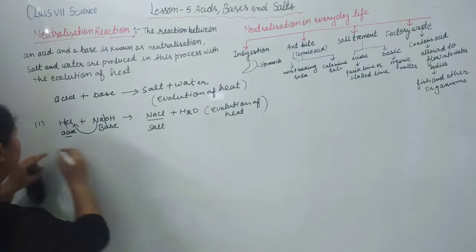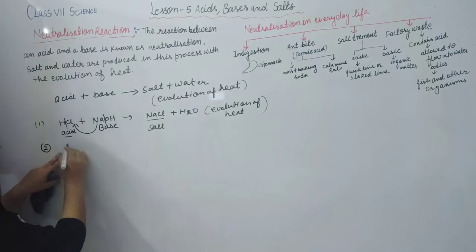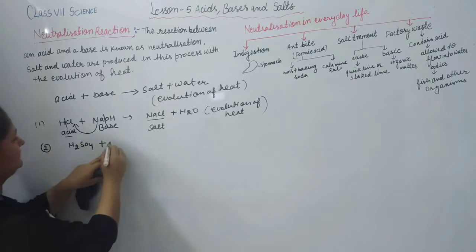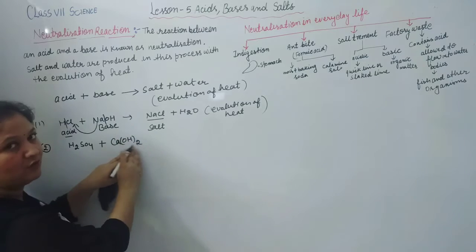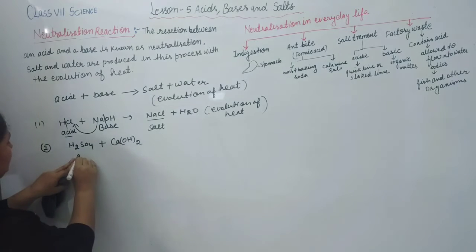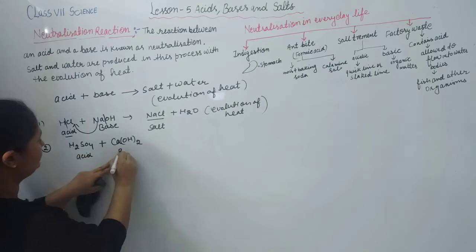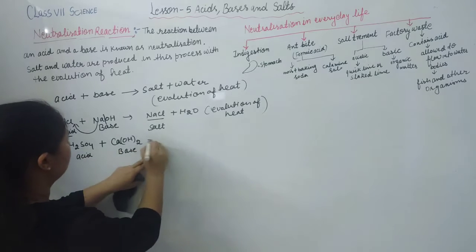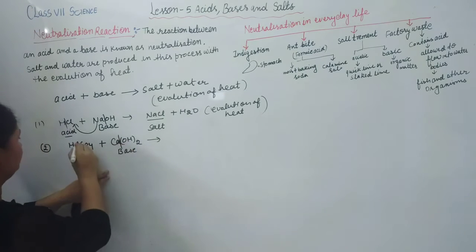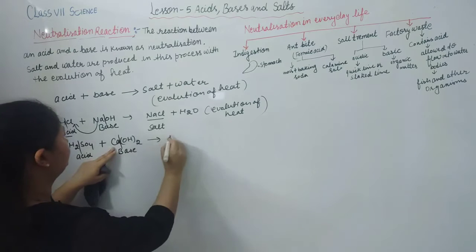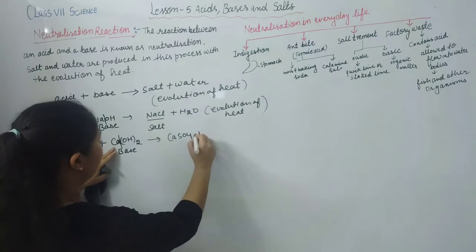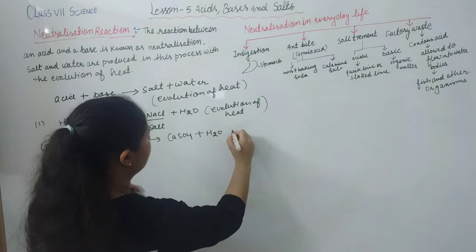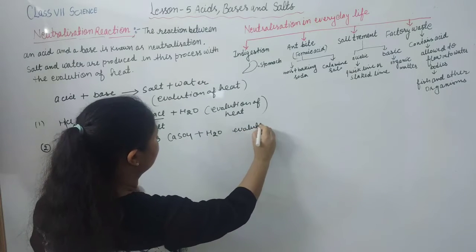So now the next example is when sulfuric acid combined with calcium hydroxide, this is lime water, okay, so this is acid, this is base. So what happened? Salt, calcium sulfate is formed with water, heat is evolved.